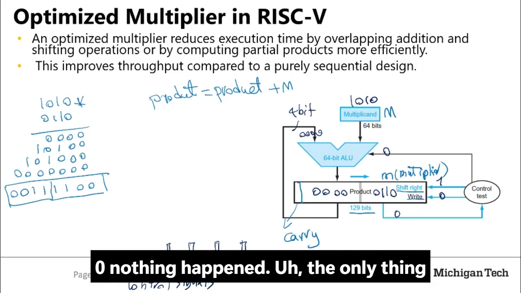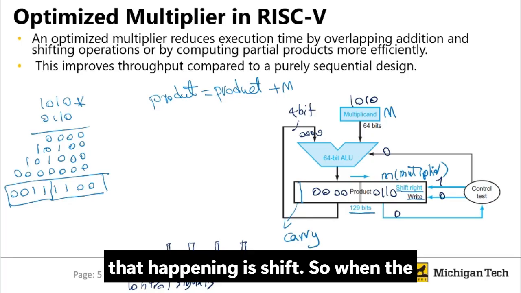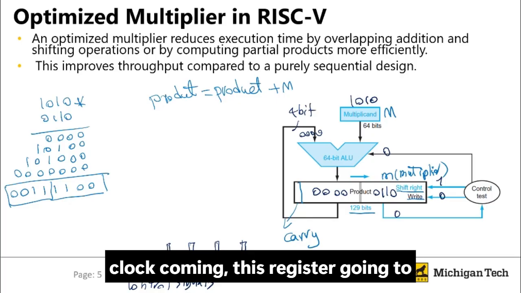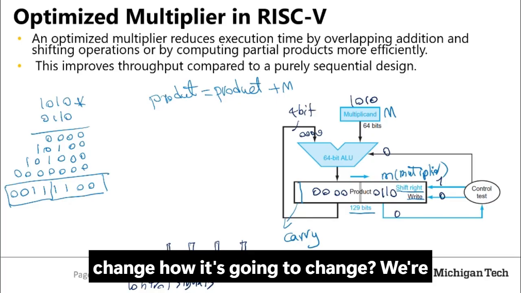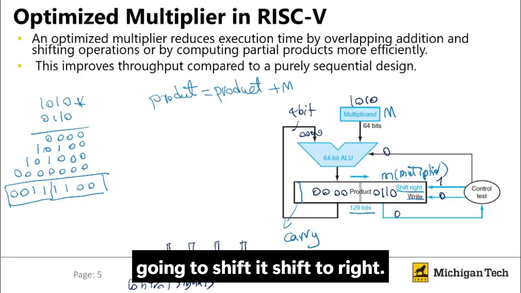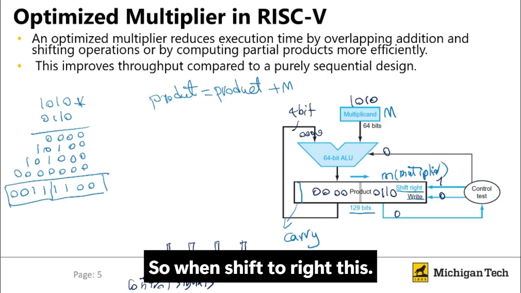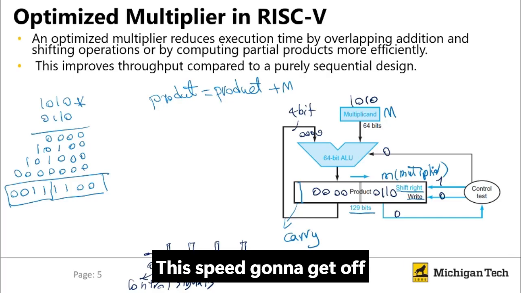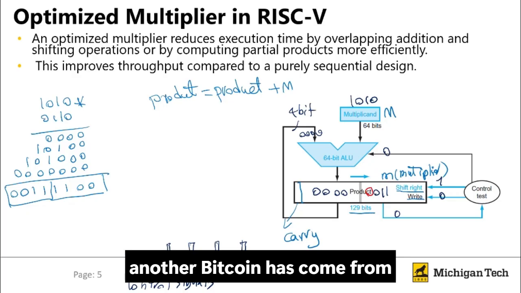But this was 0, so nothing happened. The only thing happening is shift. So when the clock comes, this register is going to change. We're going to shift it to the right. When we shift to the right, this bit gets off, and another bit comes here.